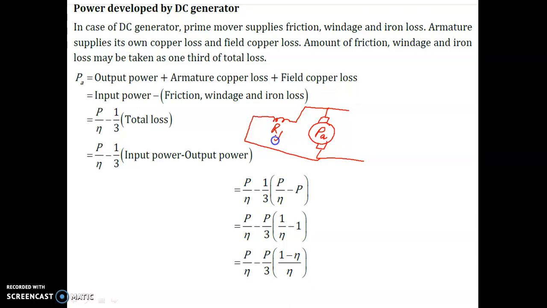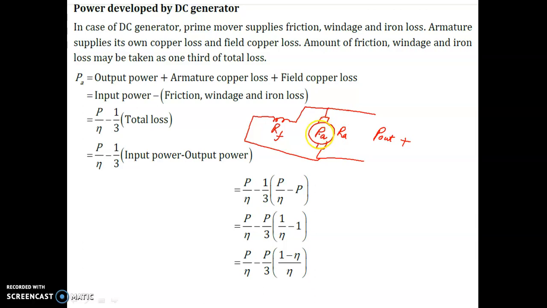This is the field, this is the field resistance, and the armature resistance is also there. So the average power output, P average, is the output power. Here the developed power is PA, and the output power is what we get after deduction of the losses from the power generated.